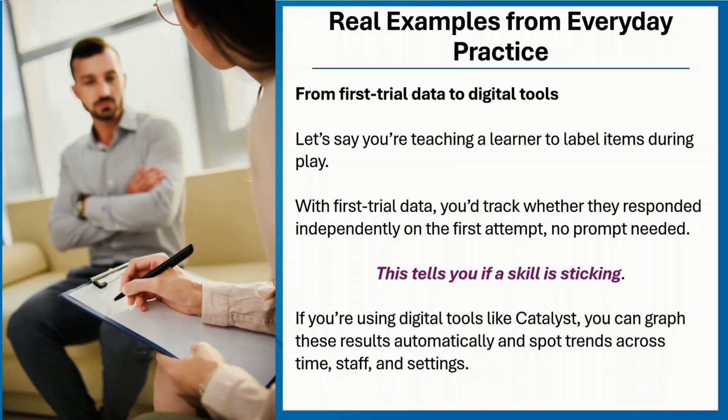Now, add a tool like Catalyst to the mix. You log each response, and the system creates graphs that you can share with your supervisor or parents instantly. Whether you are using paper templates or digital ABA data platforms, the goal is the same: capture real actionable data that reflects actual performance. And next, you want to avoid these common data mistakes.